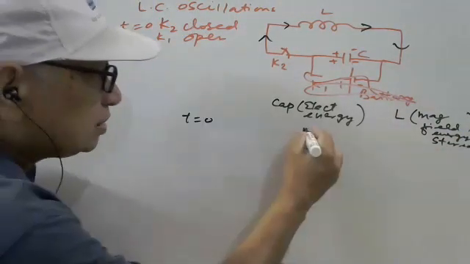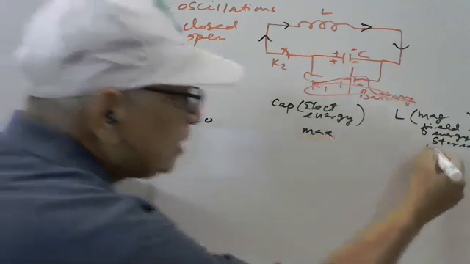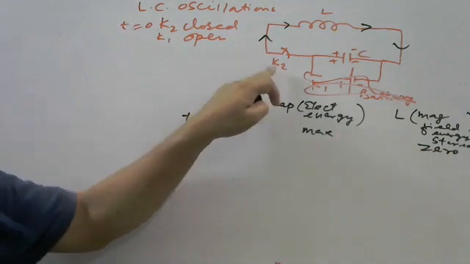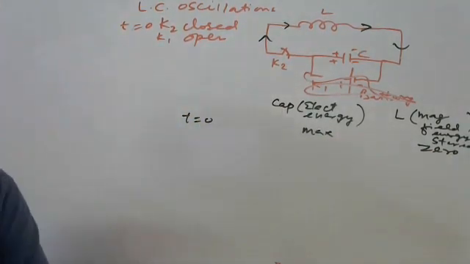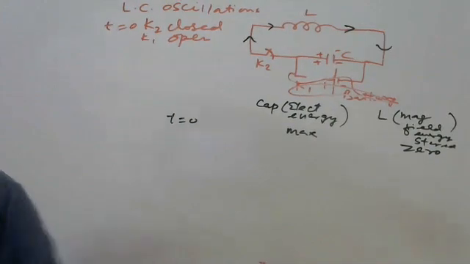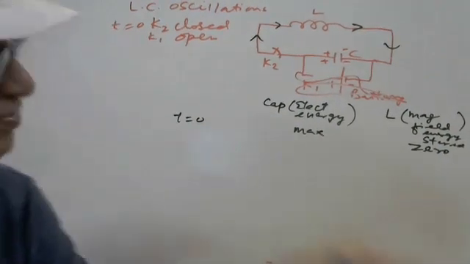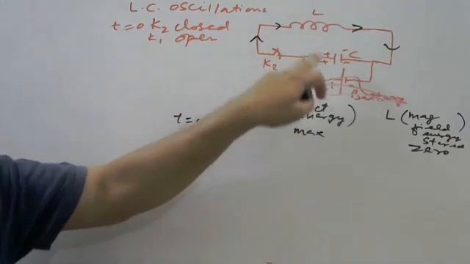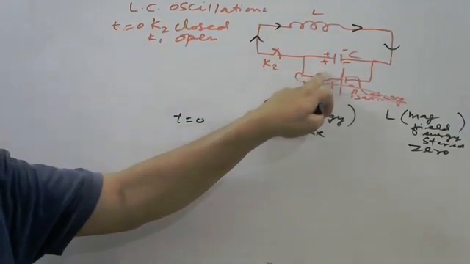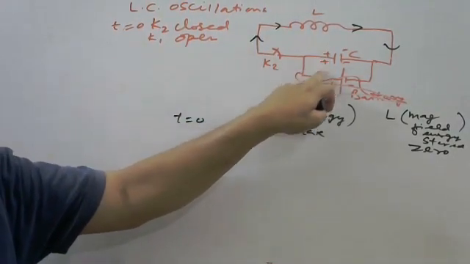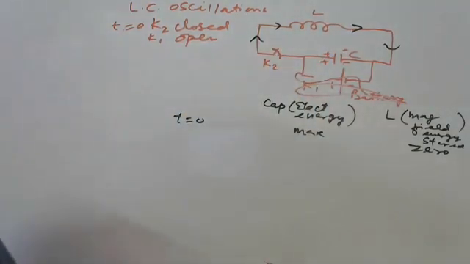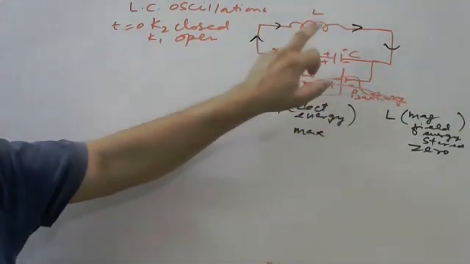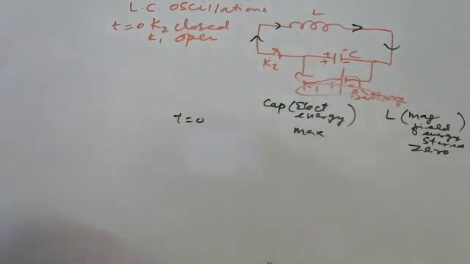It is maximum here, it is 0 there. As we have closed the key K2, what will happen here? Current starts flowing, and the energy is transferring from the capacitor to the inductor, that is, from electrical field to magnetic field.